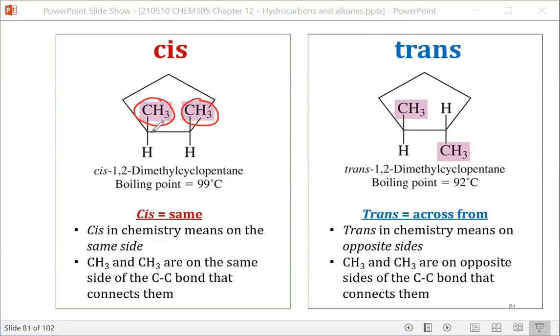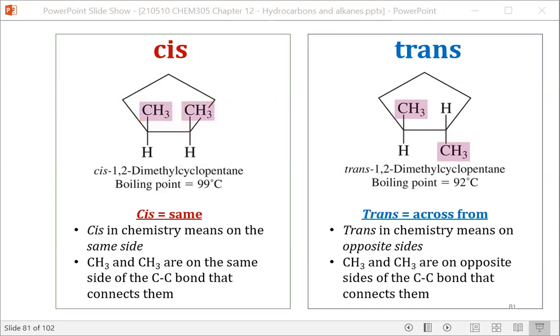Like these are both up above this bond that can't rotate. So cis in chemistry means same side. So in this case, these two CH3 groups are on the same side. They're both up from the bond that doesn't have any rotation available to it.